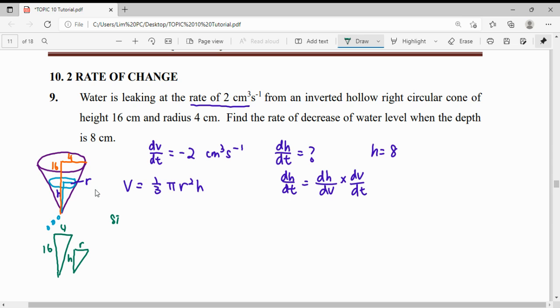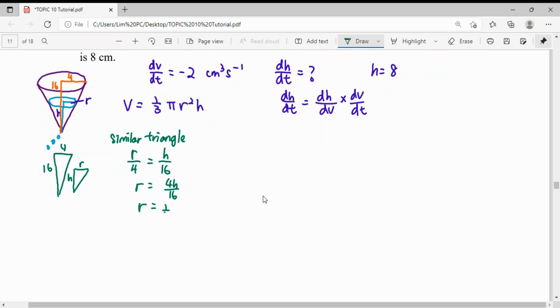From the concept of similar triangles, we can build the ratio. So r is to 4 as h is to 16. Simplifying, r equals 4h over 16, so r equals 1/4 h.